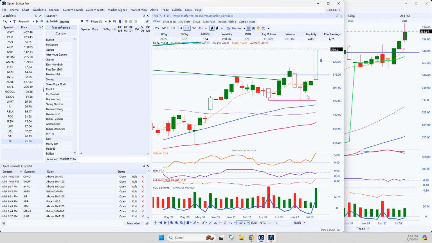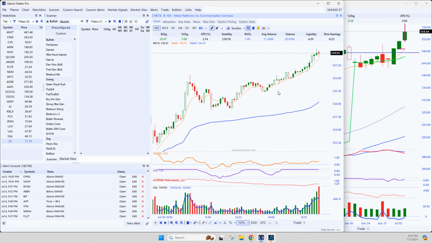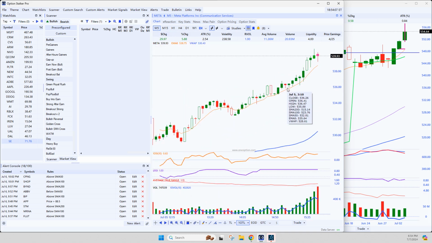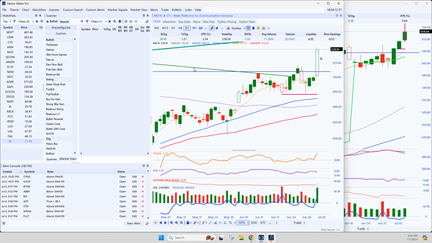So yeah, I think in general, Meta wasn't the greatest trade. I wouldn't even think it's a good trade. So I would say for this trade, I got lucky. And I did stupid stuff like averaging down. So I'm going to write that in my notes. Meta trade stupid. So that was definitely a mess up on my part.